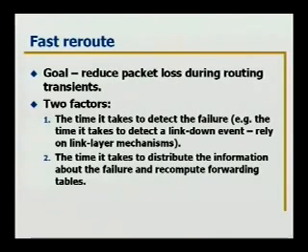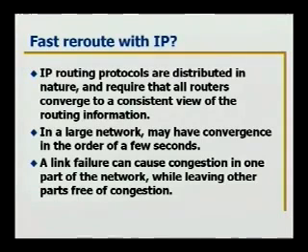And there are two factors at play here. First is the time to detect the failure, and it's going to be the time it takes to detect a link down event, or the time it takes to detect a node failure event. And second is the time that it takes to distribute the information about the failure and recompute forwarding tables. So the problem with IP routing protocols is that they are distributed in nature.